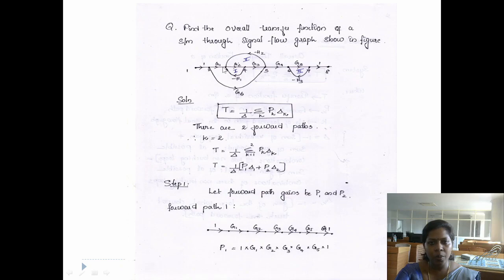Then the second loop starts from 3, 4, 5 and ends again in 3, and this loop has the gain values G2, G3 and minus H2. And another loop starts from node 6, goes to 7 and ends in 6. So this is our other loop. In this signal flow graph we have 3 individual loops.